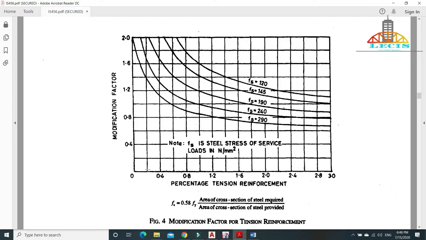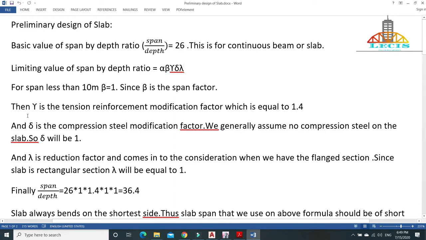So if I draw a straight line over the 0.2 percent tension reinforcement line and this Fs 290 curve, they meet at this point, and tentatively its value is equal to 1.4, because this is 1.2, this is 1.6, and in between them there is a value of 1.4. So we say that the modification factor for percentage of tension reinforcement is 1.4. The gamma is the tension reinforcement modification factor, which is equal to 1.4.